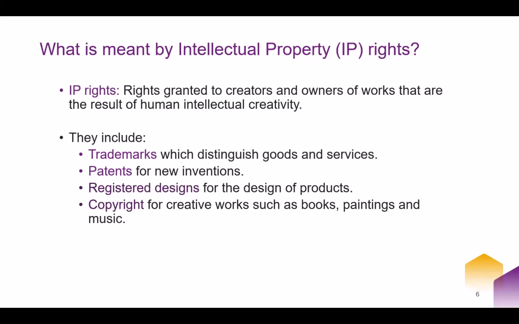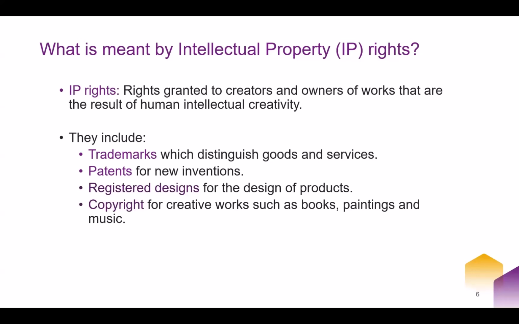So types of IP rights include trademarks, which is a type of IP consisting of a recognizable sign, design, or expression which identifies products or services of a particular source from those of others. While patent is another type of IP right, it is an exclusive right granted for an invention, while the third type of IP right is registered designs, which protects only the shape or appearance of a product.